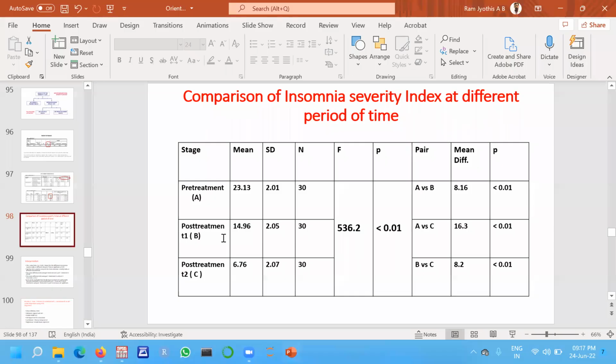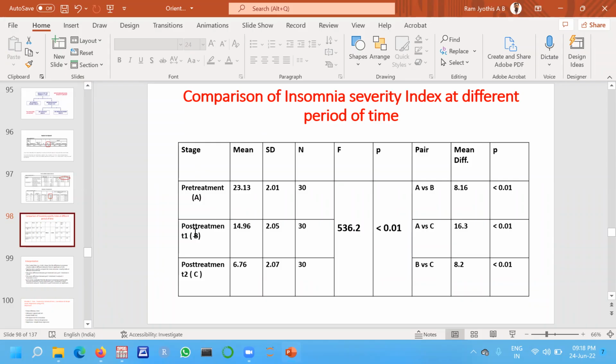Pre-treatment, post-treatment 1, post-treatment 2. The mean value is given, standard deviation is given, number of samples is given, F is equal to 536.2, and it is less than 0.05 or 0.01. Understood? Now the mean difference between pre-treatment and post-treatment 1 is 8.16.